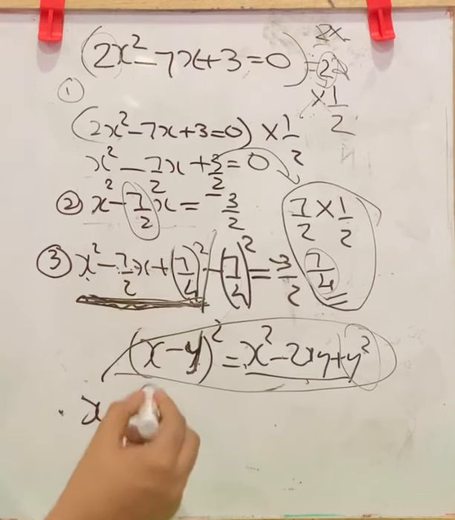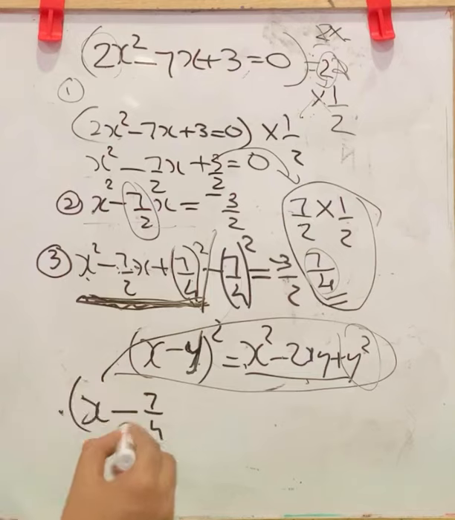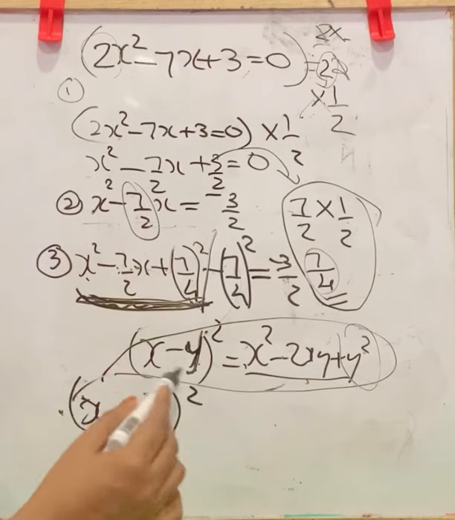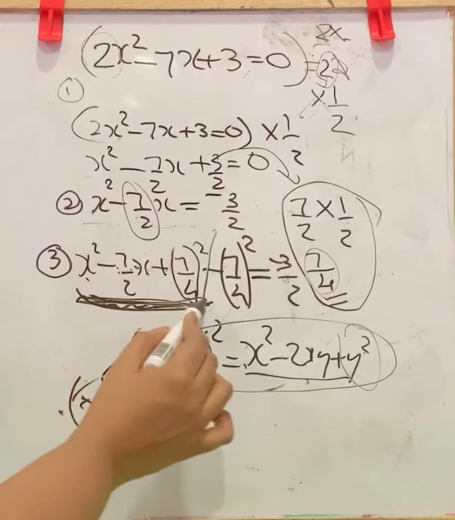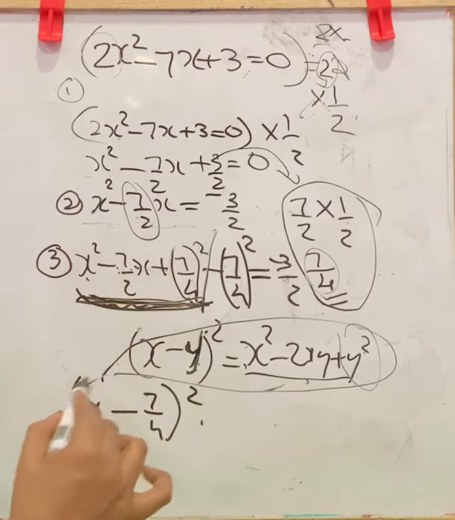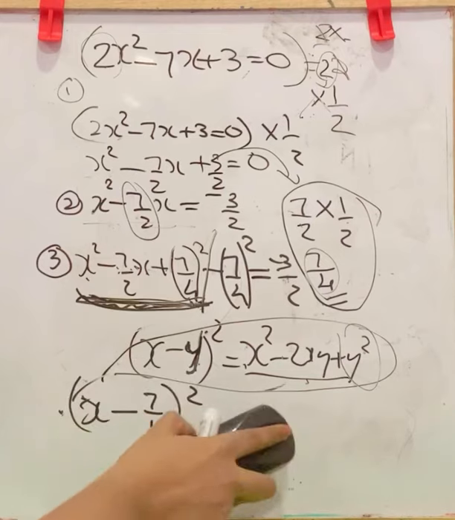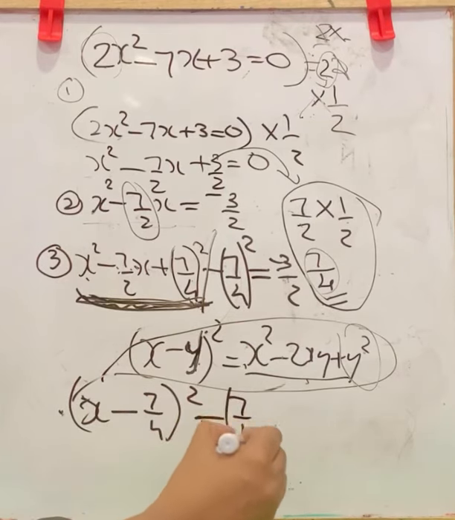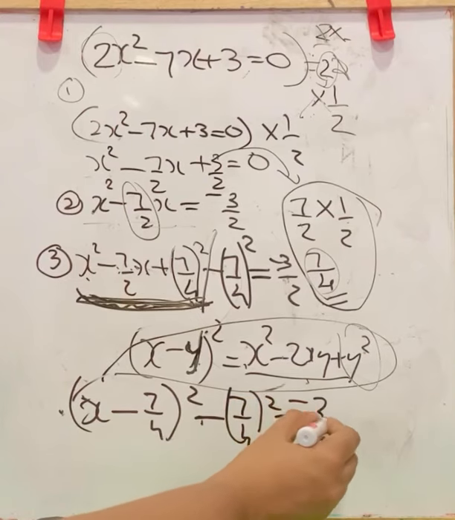So y means here 7 by 4 and whole square. For this we are writing this identity, expansion. This is an expanded form. For that we took this identity. Now this becomes, balance is minus 7 by 4 whole square here equal to minus 3 by 2.